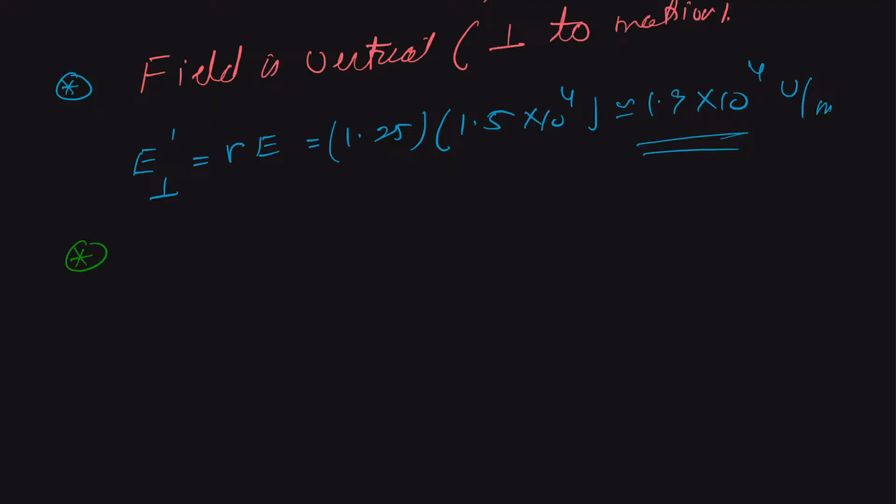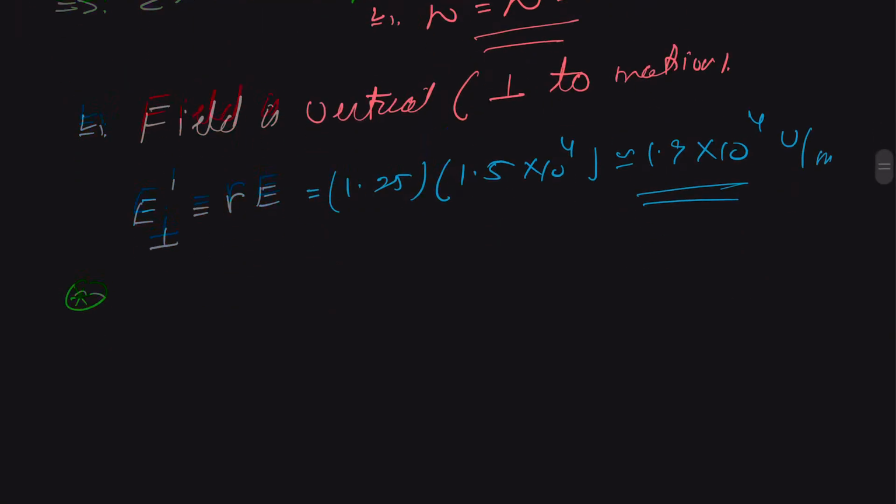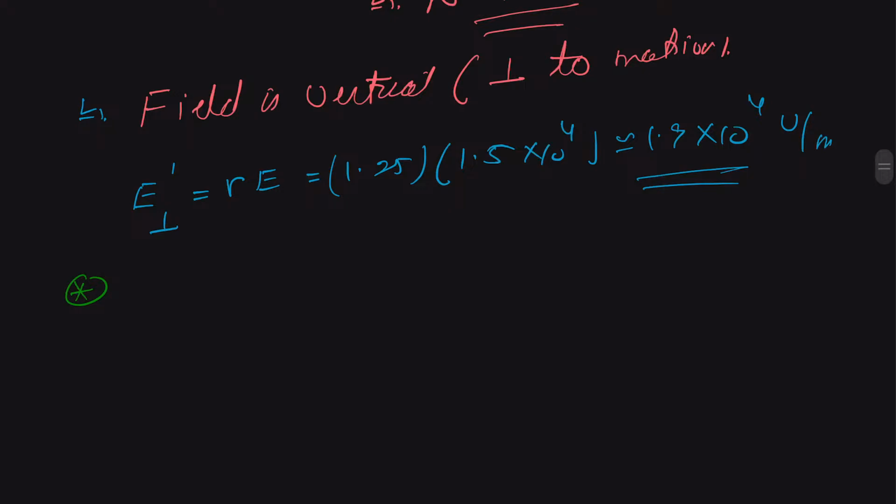So now we are given that our frame is moving upward at 0.6 times c. Now our electric field is also vertical, that is in the upward direction, and the motion is also in the upward direction.